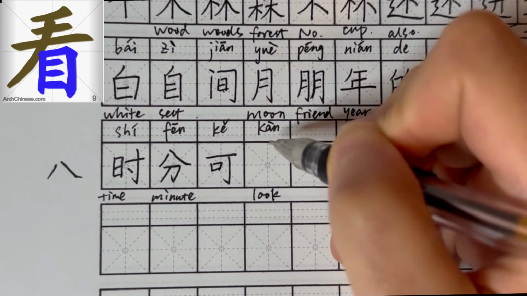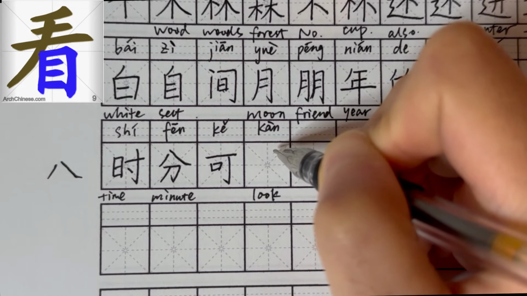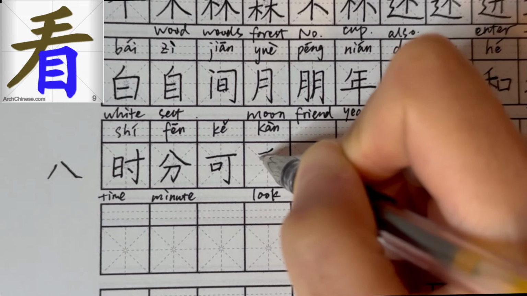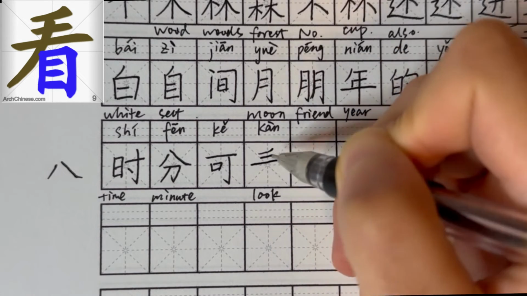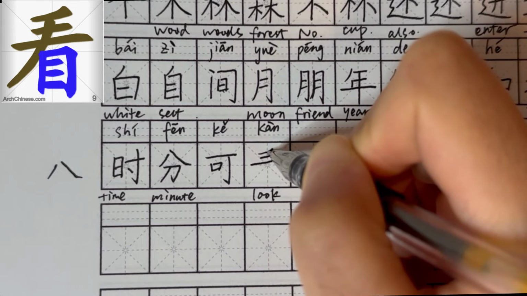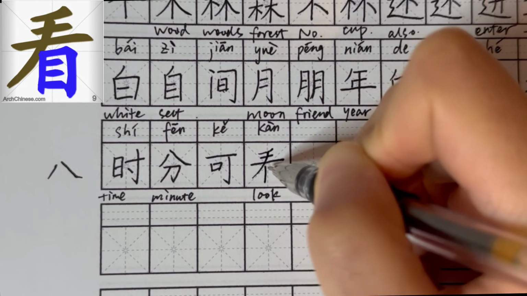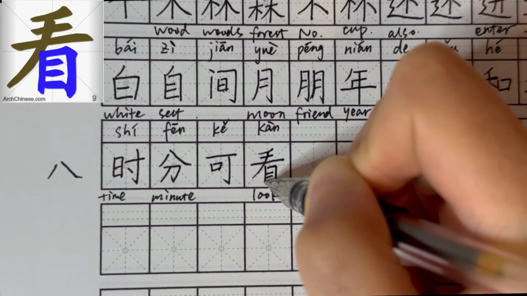From top to bottom, first stroke, a 撇. Okay, but this 撇 is more horizontal. 撇. 横, 横. A big 撇. 竖, 横折, 横, 横, 横.